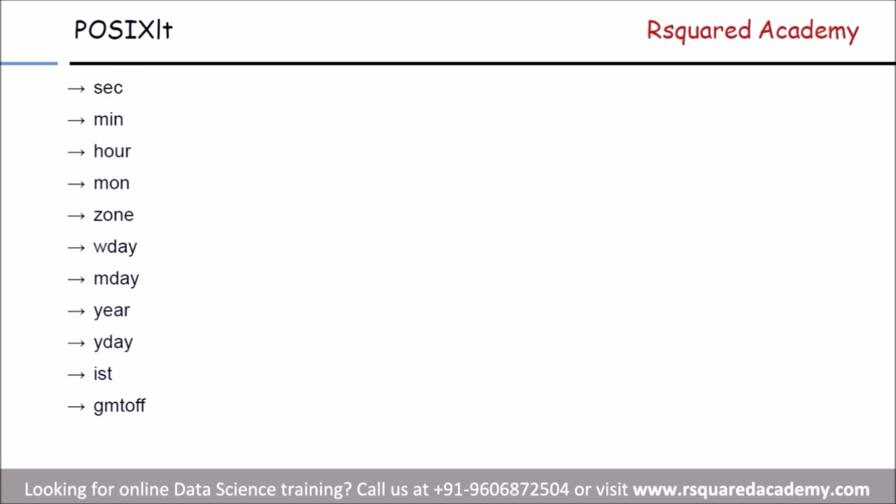Now, between these two, if you want to access or extract the different time components, then use POSIX LT, because it stores the information as a list and you can access or extract them. And when there is no time or time zone component, use the date class. When you're dealing only with the date component, use the date class.